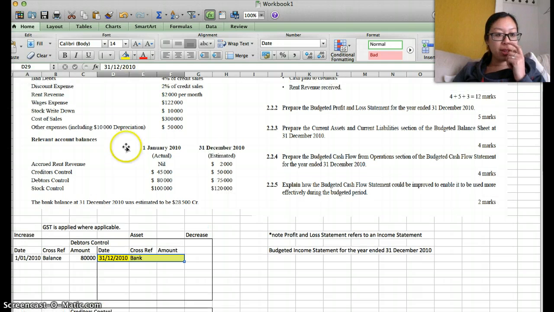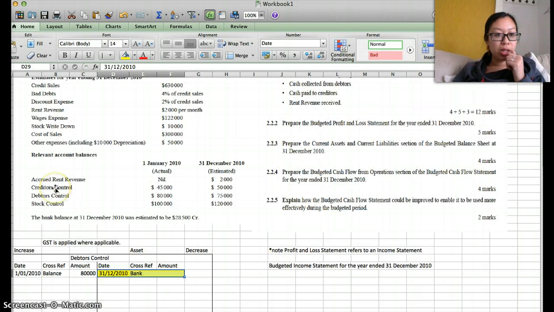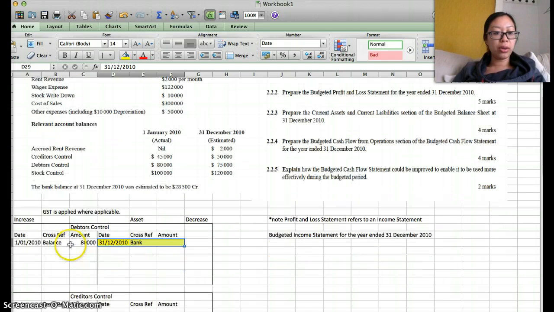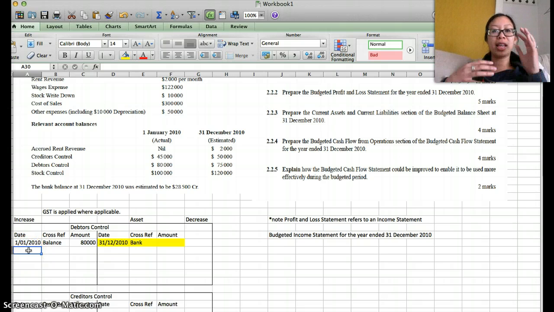So the information we're given is as so. We have to go through everything that affects the debtors control account. So the first thing is credit sales. Credit sales does affect debtors control. A lot of the times the most important thing about budgeting is that they give you a lot of information, so you have to go through and read everything really carefully and highlight the relevant information.